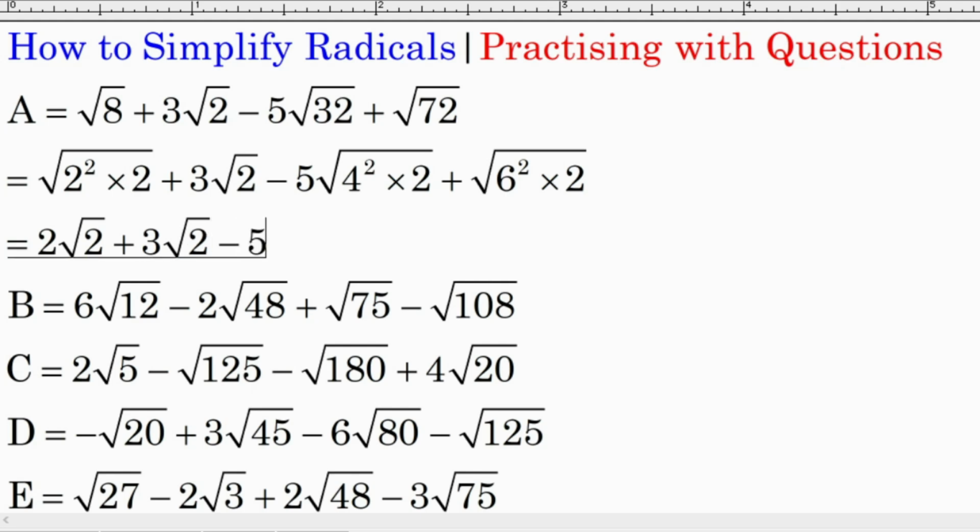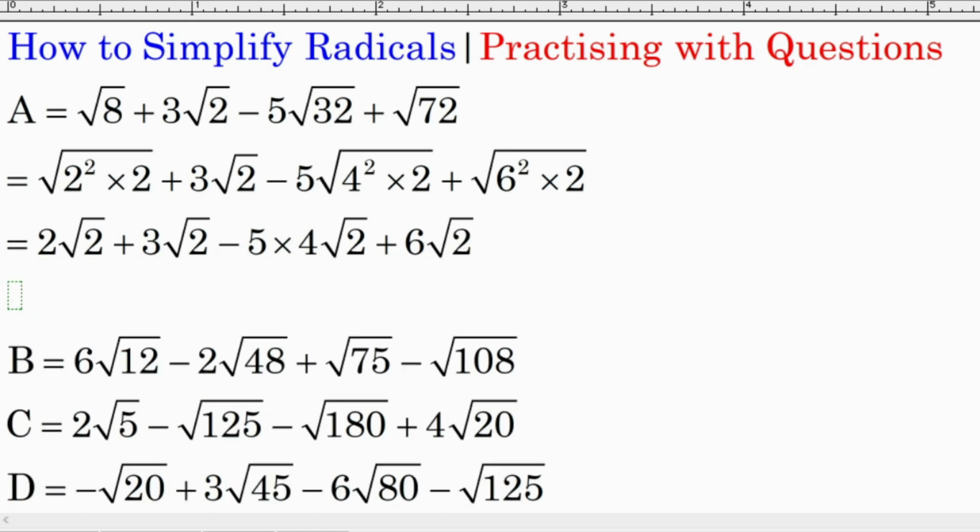So we have 5, and for this one we can simplify the radicals. 4 squared simplifies with the square root, and it's going to give us 4 square root of 2. So that will be 5 times 4, and then square root of 2. And then plus. Here we get 6 square root of 2. Okay, now let's move on.